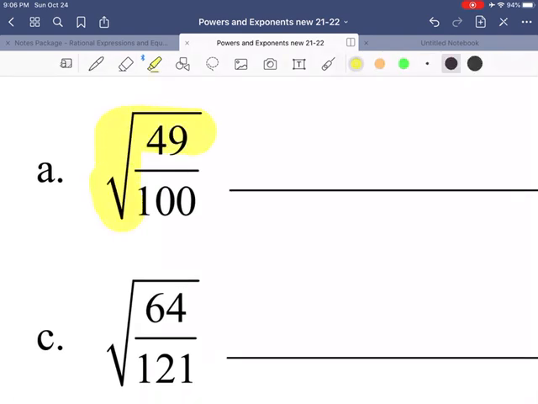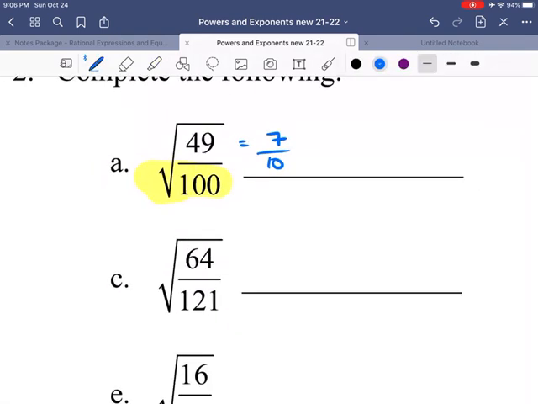So the square root of 49, if you did that part first, you'd get 7. And then if you followed that up by the root of 100, that's going to be 10. So the answer is 7/10. Because if you multiply two fractions, 7/10, you're going to get back to that same fraction.